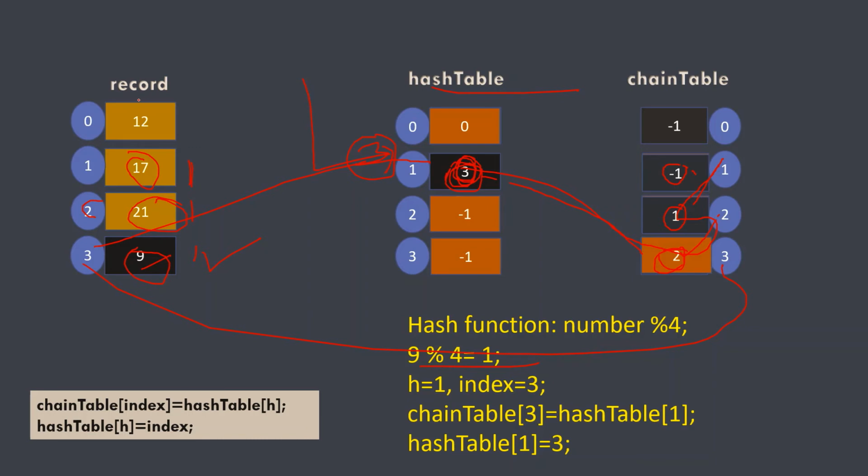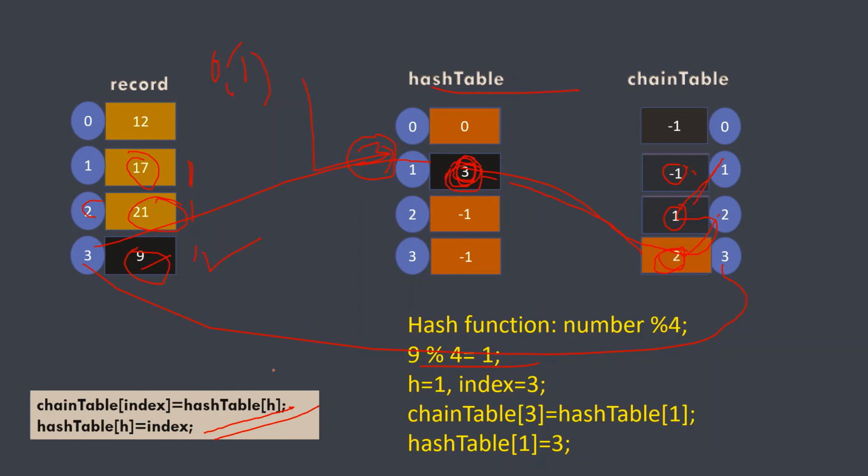Now the time complexity of insertion: if our hash function is so efficient that the entries of the record give different values, then it will be big O of 1. In any case, the insertion is happening in these two lines only, so there are no for loops. So insertion will always be in constant time.